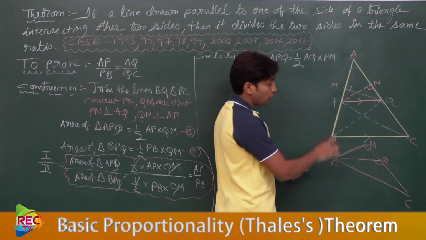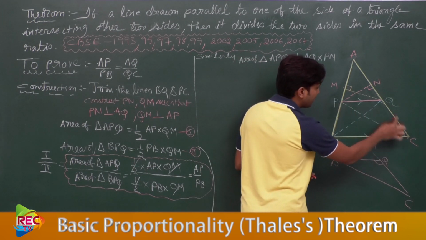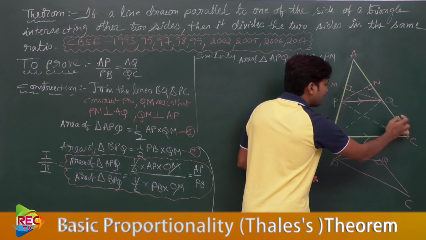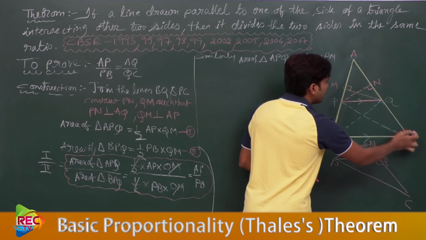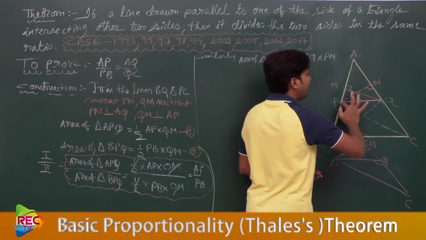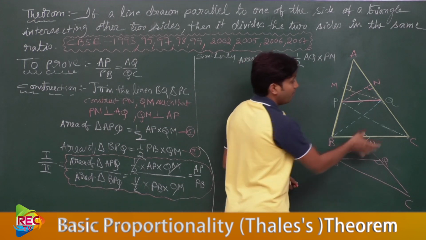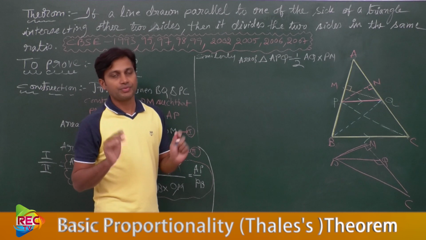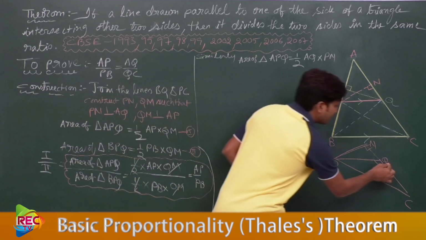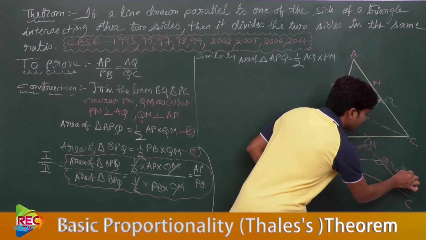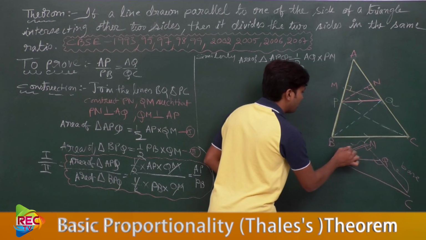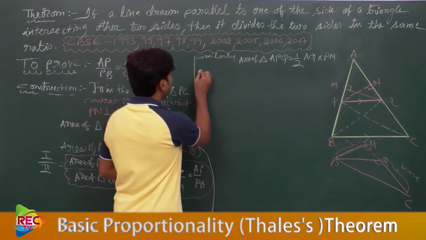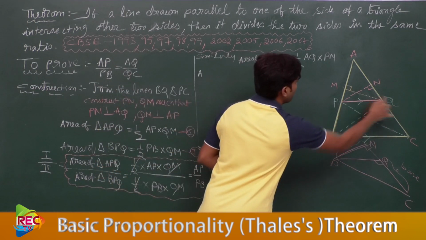Once again I am showing in this diagram, this is triangle CPQ. If you consider QC as the base, then PN will be the height. Got it? So like this we have to understand. Now we consider this as the base, and this would be the height. Now can we find the area of CPQ?